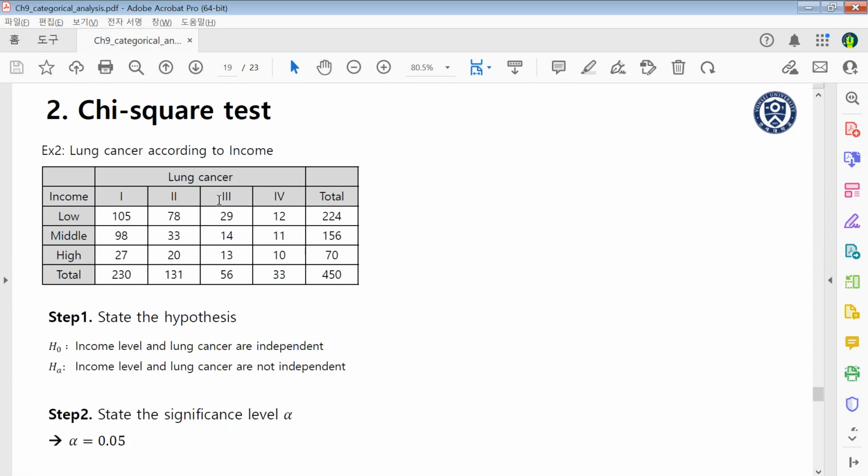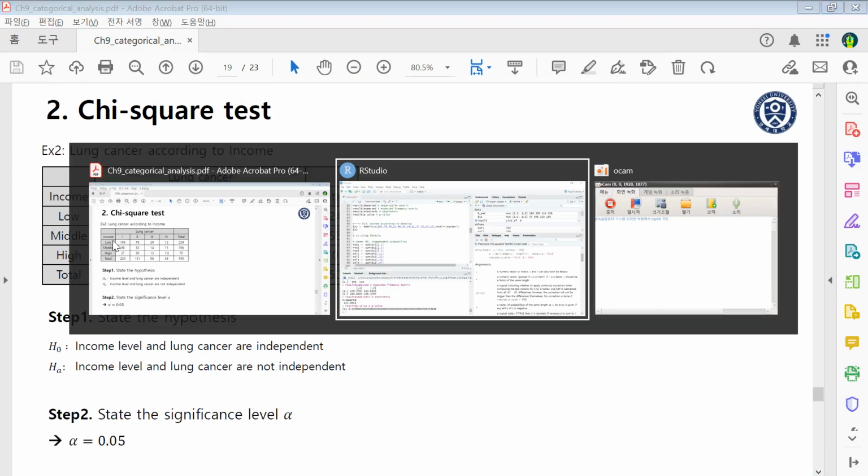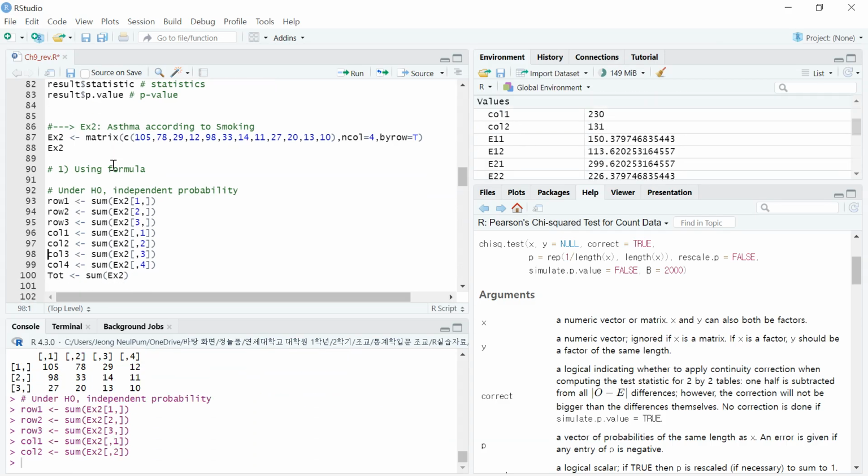So we are dealing with a 3 by 4 matrix here with each value. All the procedure is the same.